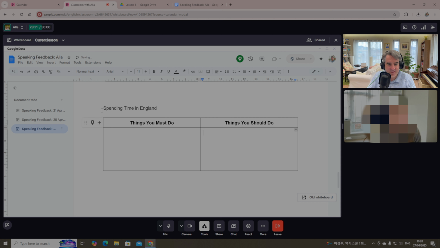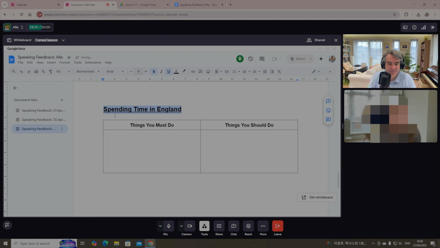If you have a think about spending time in England, what must you do when you're in England? You mean like when I travel around? It could be about travelling around, it could be just about living in England.